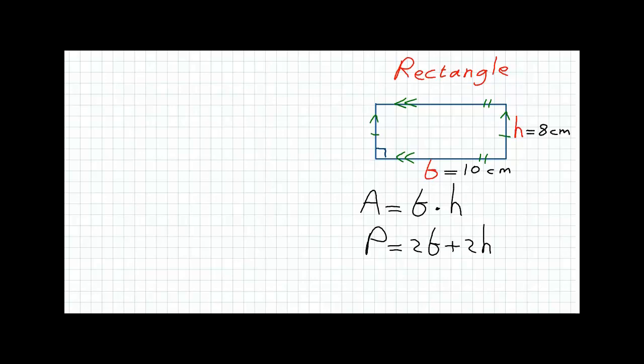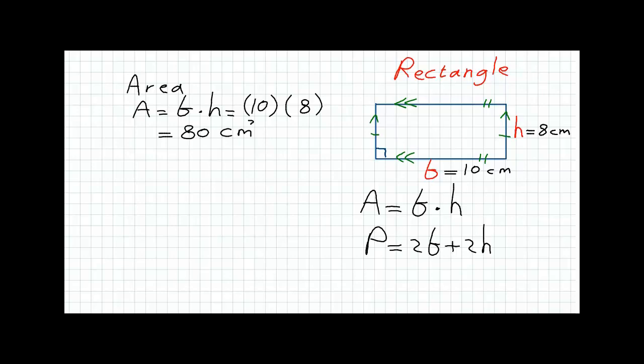Then, if we want to find the area for this rectangle, A is equal to the base times the height, which is equal to 10 times 8, and that is equal to 80 square centimeters.